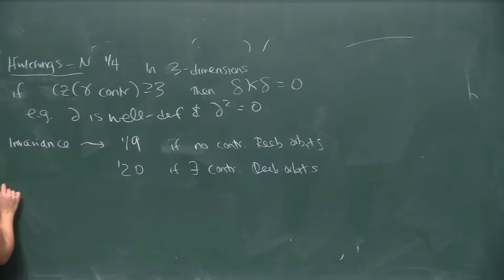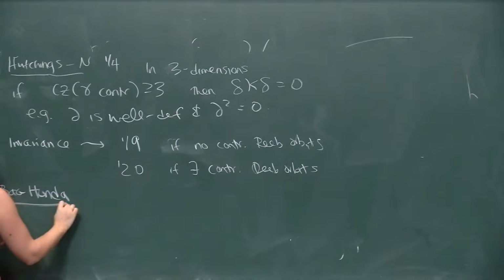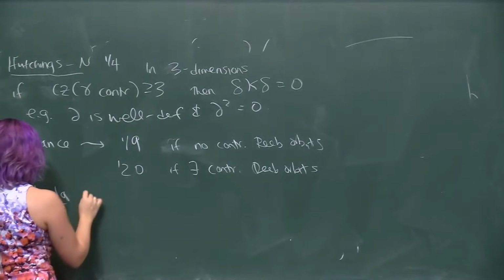Then, let's see, Bao and Honda have a paper from, I think, 2015 or 2016.